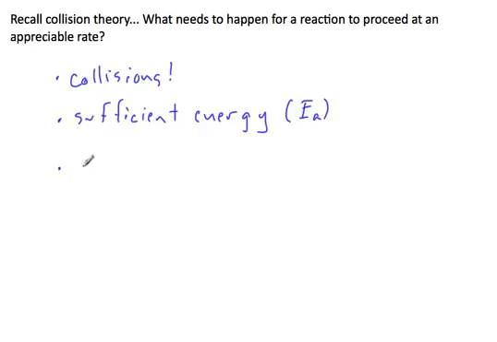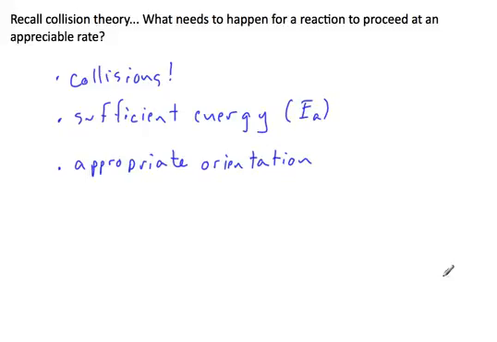And finally, they have to have an appropriate or optimal orientation. That is, the molecules that are going to react, that collide, have to have their electron clouds interacting in and around a region that will be conducive to electron transfer or change in bonding.